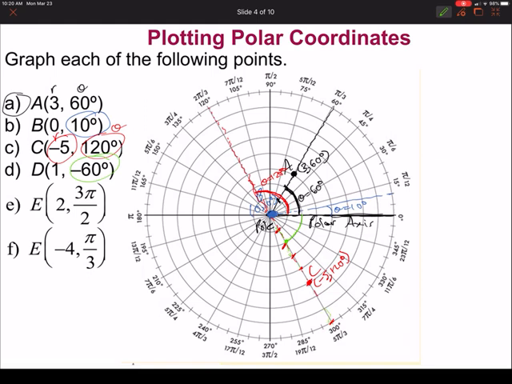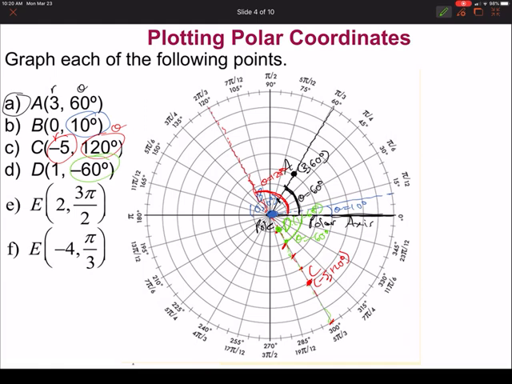So right here is theta equal to -60. All right, and now we've got a radius of 1, so we measure out 1 unit. So there's our point. We'll plot that as point D. That's a radius of 1, -60 degrees. And of course, some of them are in radians.